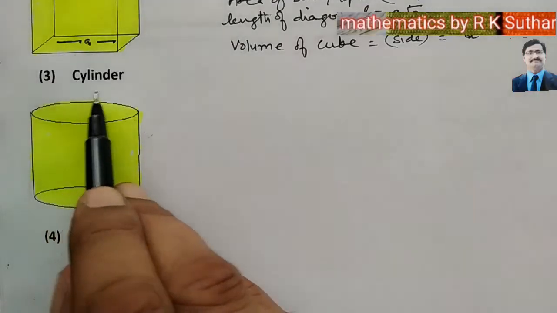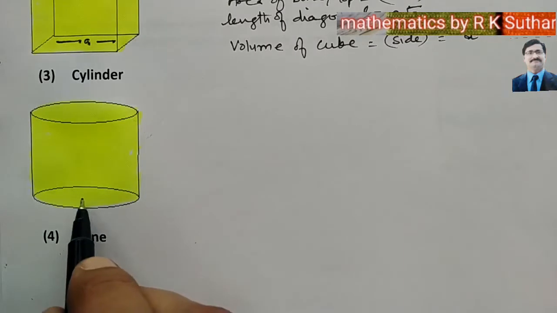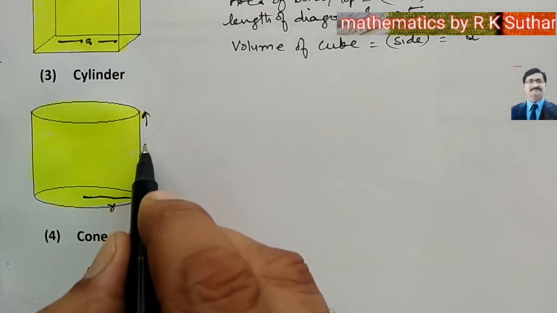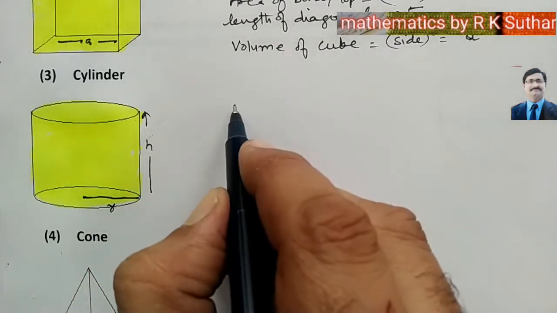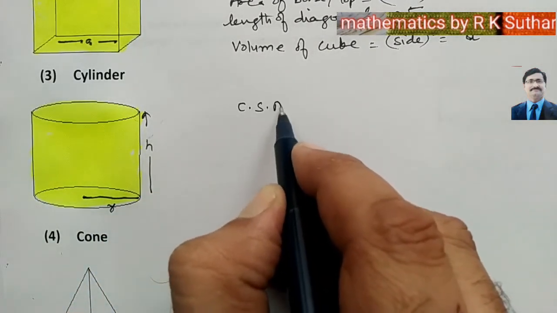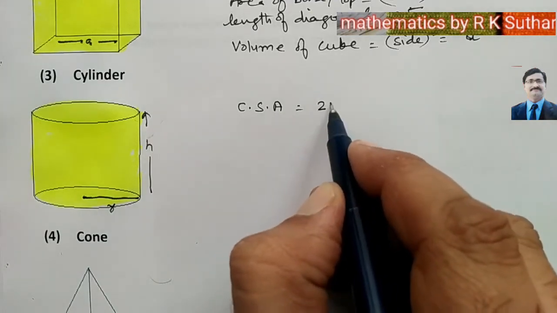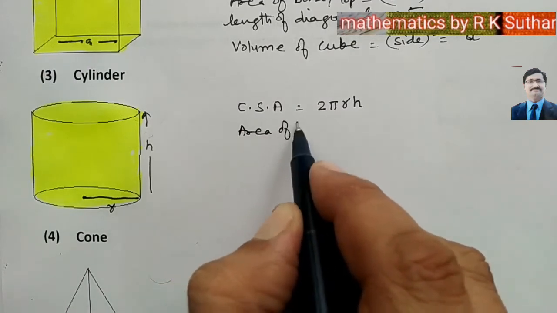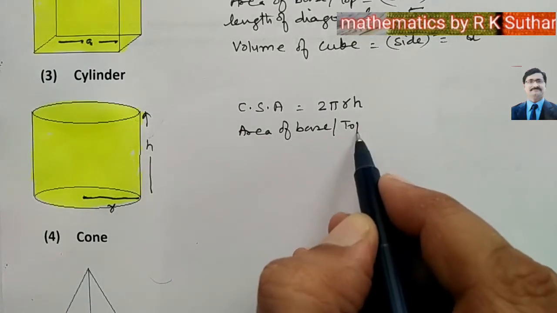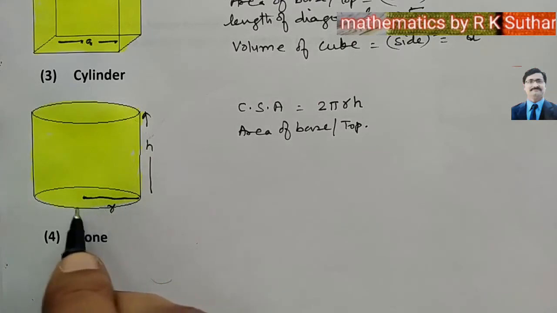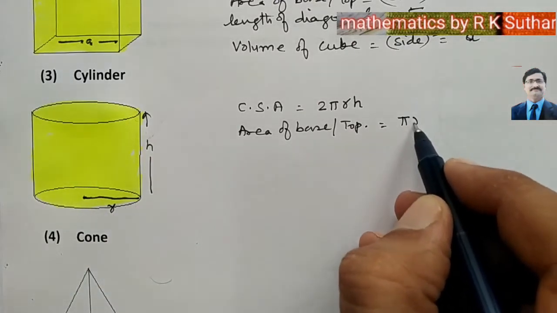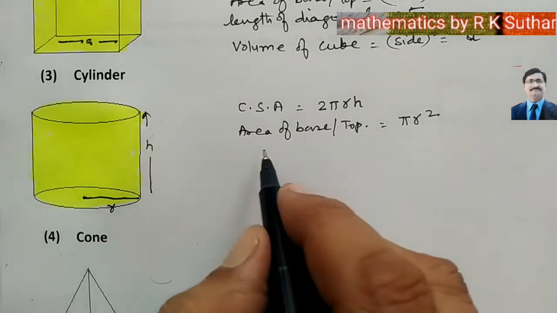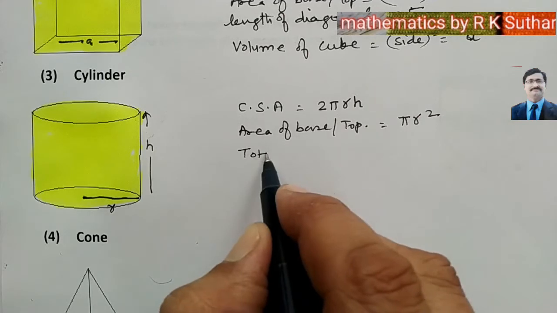Next shape is a cylinder. This is a cylinder, and here the important parts are the radius and the height. Now the curved surface area is 2 pi r h. Now area of base or top: the base and top are like a circle, so we have the same formula as the area of a circle, pi r square. And here we have to find the total surface area.